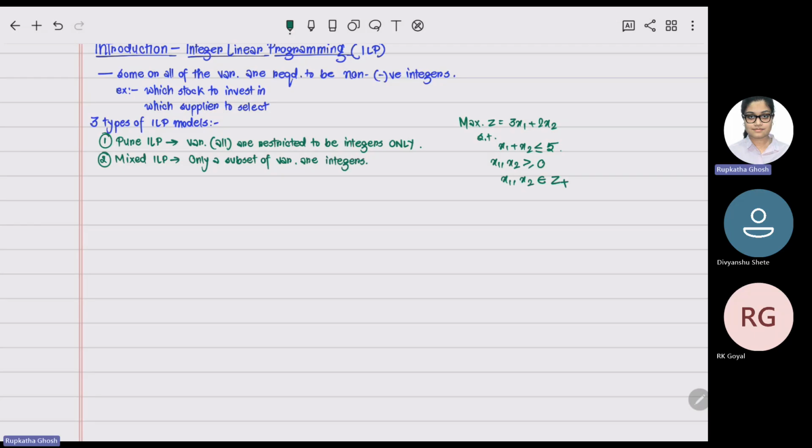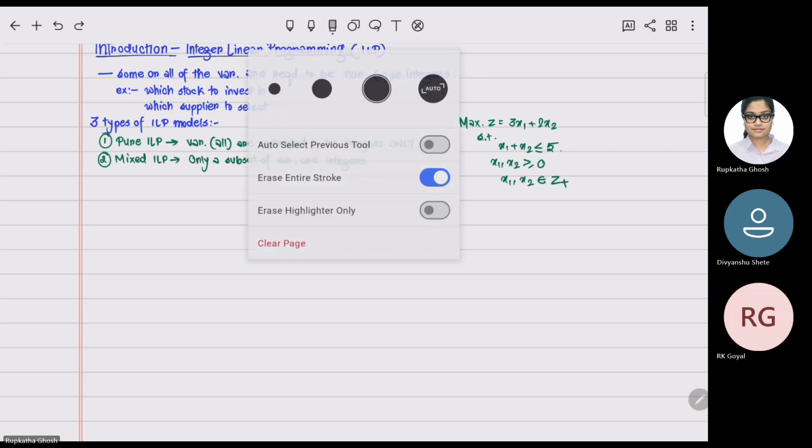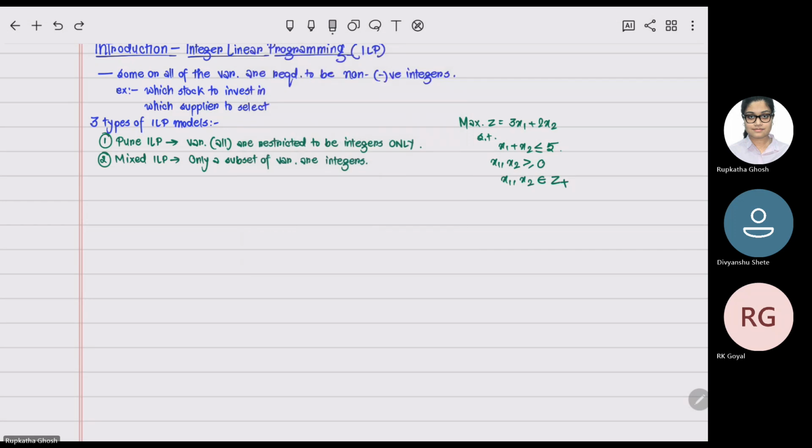So let's say the same model you have now, but only x1 is an integer. Then that is a mixed ILP. And the third category is 0, 1 ILP.